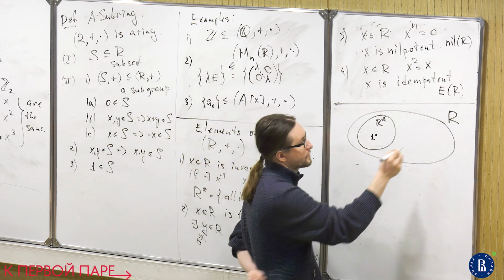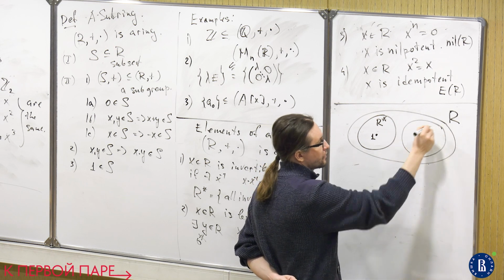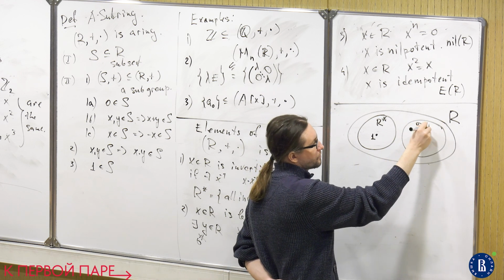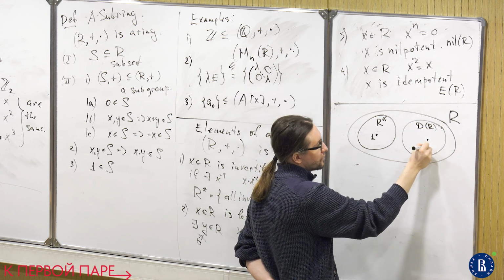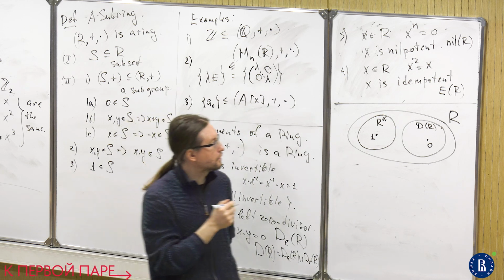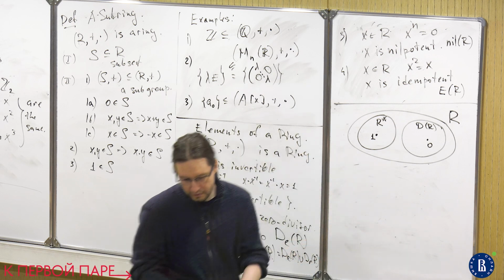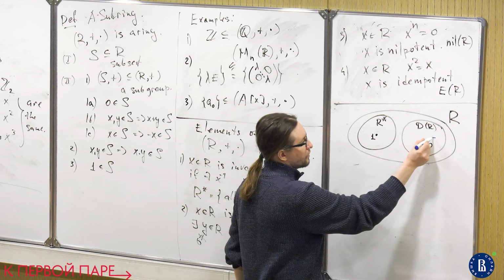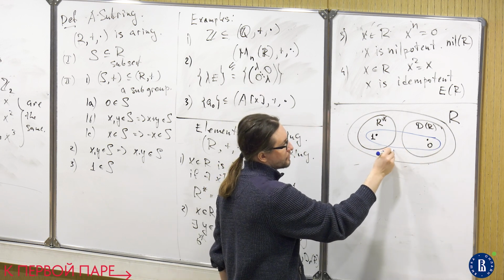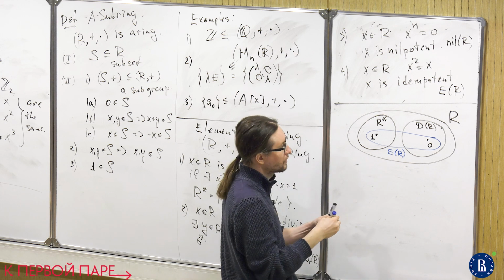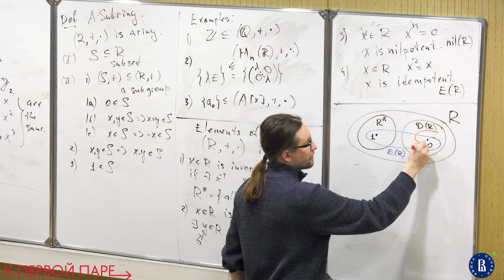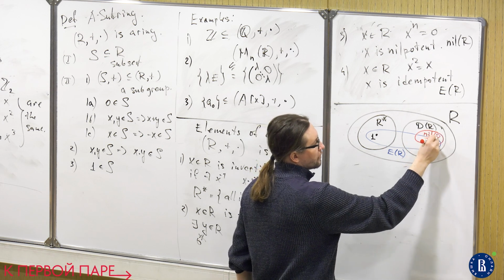Now, the subset of zero divisors doesn't intersect the subset of invertible elements, and it always contains 0. And the set of idempotents lies like this. And the set of nilpotents is here.